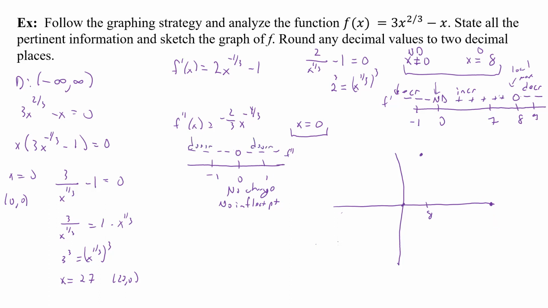It's going to be concave down here. So all the places it's going to be concave down, no matter if we're on the left side of 0 or the right side of 0. So basically, we're going to have something like that on this side. It's just going to be concave down, and it's not changing anything.